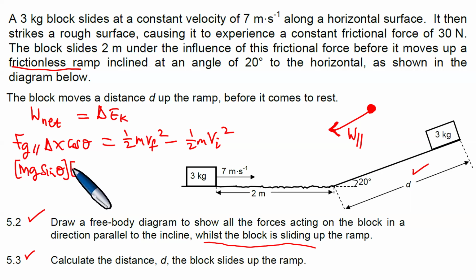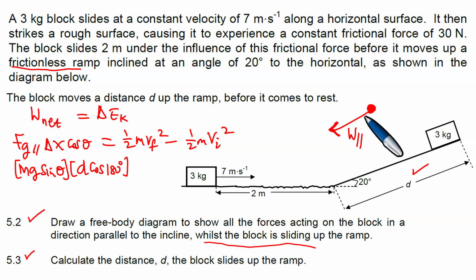Mg sine theta times their displacement, it's D, cosine of what? Cosine of 180 degrees. Why?